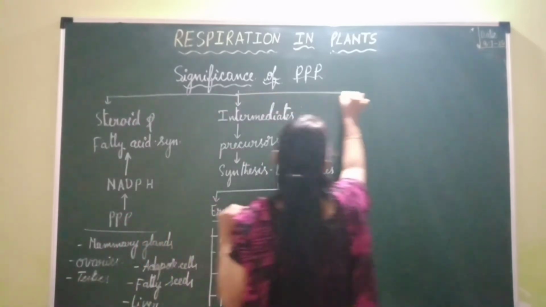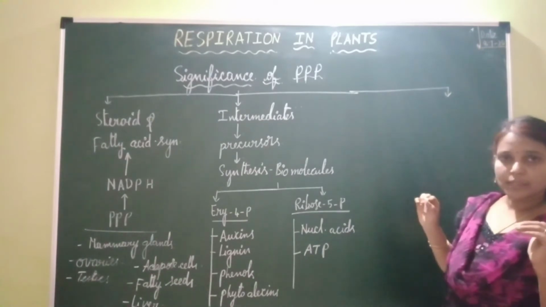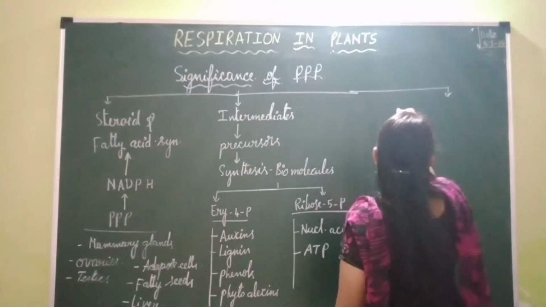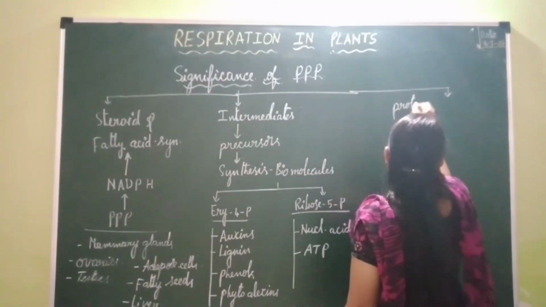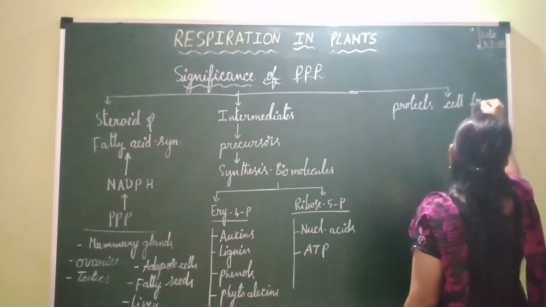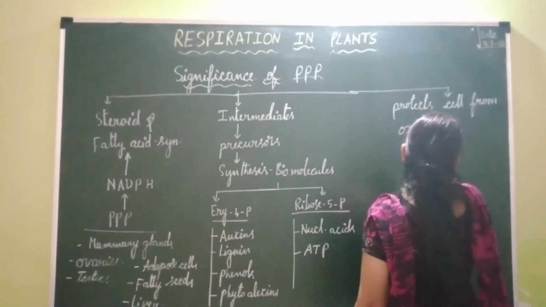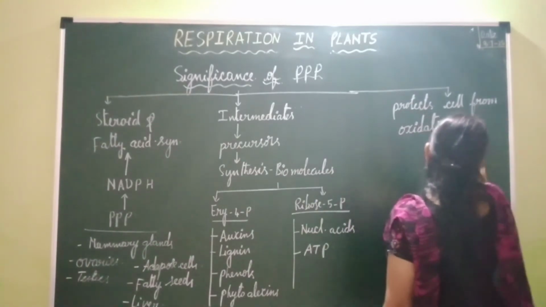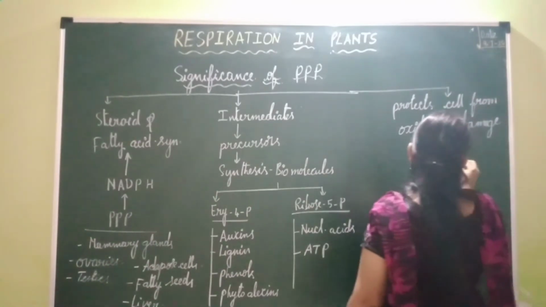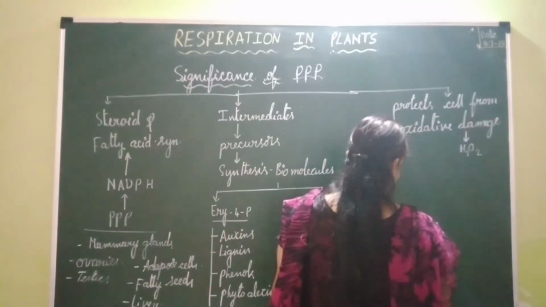Next significance. This PPP pathway is also involved in protecting the cells from the oxidative damage caused by hydrogen peroxide, H2O2. Let's see how.